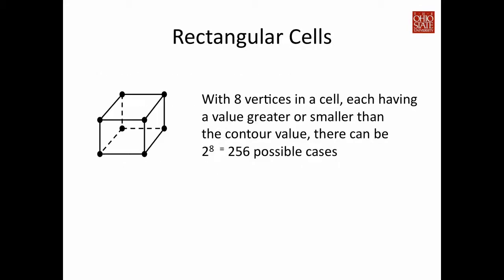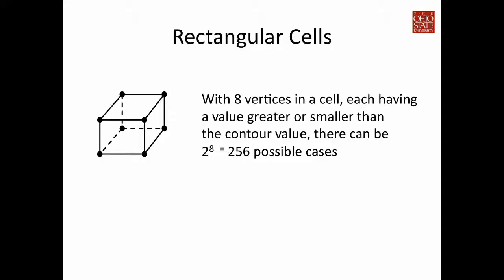So now let's look at how we compute an isosurface from rectangular cells. The algorithm I'm going to talk about is the famous Marching Cubes algorithm. For a rectangular cell, there are 8 vertices at the corners, and because each vertex can have a value greater or smaller than the iso value, we have 2 to the power 8, equal to 256 different cases.